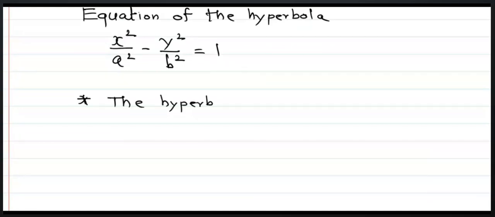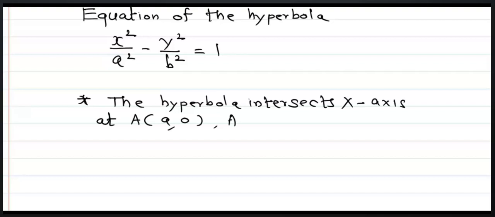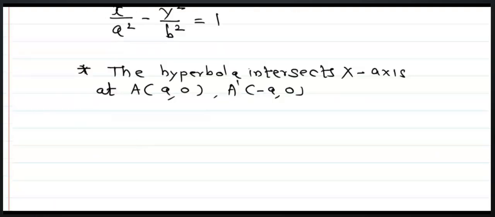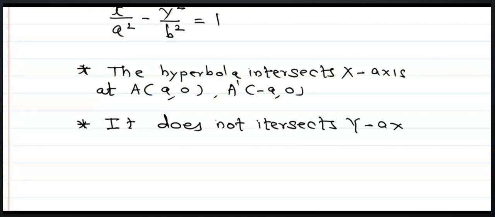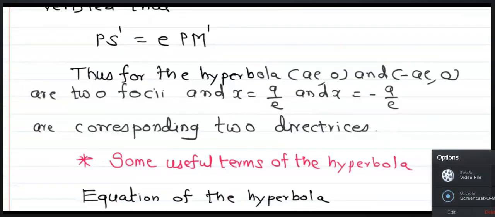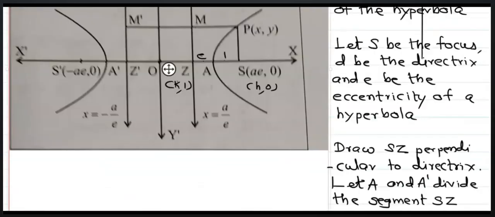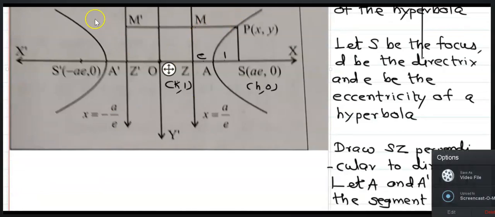The first is that the hyperbola intersects the x-axis at the points A (a, 0) and A dash (minus a, 0). Next, it does not intersect the y-axis.